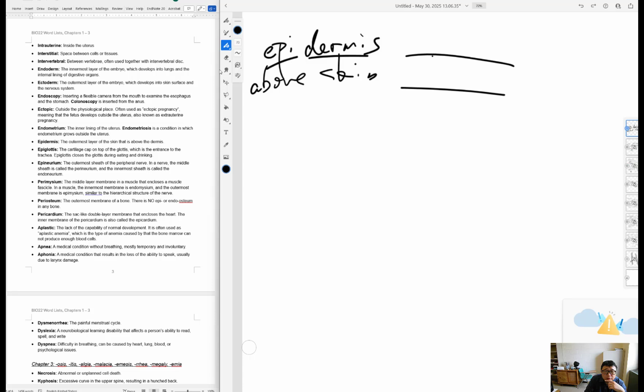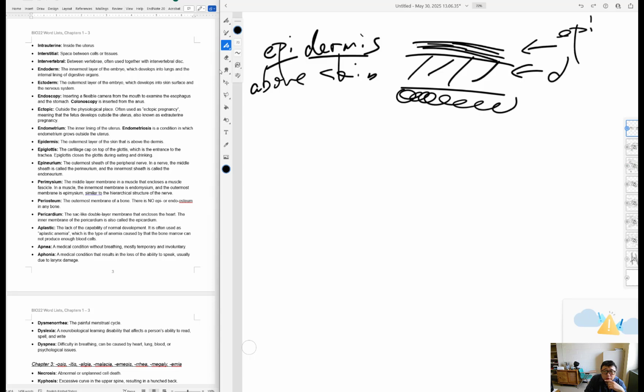The skin has largely three parts. This is the epidermis, this is the dermis, and this is the subcutaneous layer. The epidermis is the very topmost part of the skin, and this part has mainly one cell type called keratinocytes.